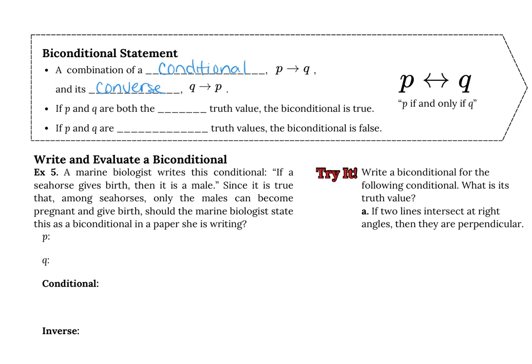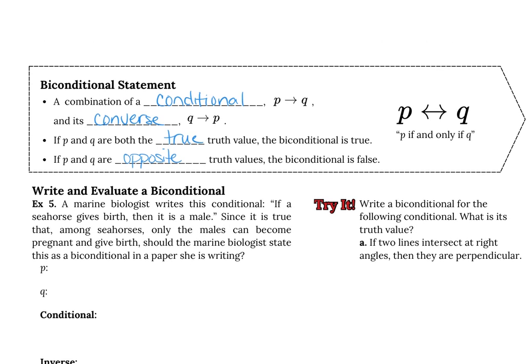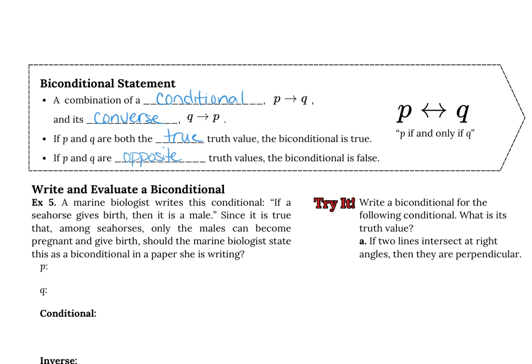If P and Q are both true, then the biconditional is true. If P and Q are both opposite, then the biconditional is false. Okay, so our biconditional, you're going to see that as P with a double arrow line between it, and then Q, you would say that as P if and only if Q.